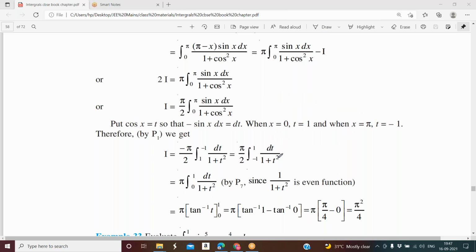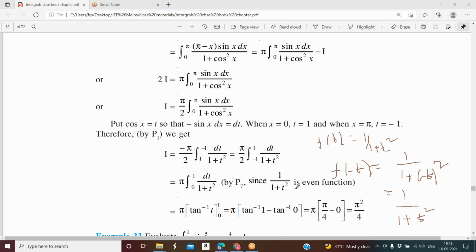This is an even function, because if you replace t by minus t, f of t is 1 over 1 plus t square, so f of minus t equals 1 by 1 plus minus t the whole square, which is again 1 by 1 plus t square.